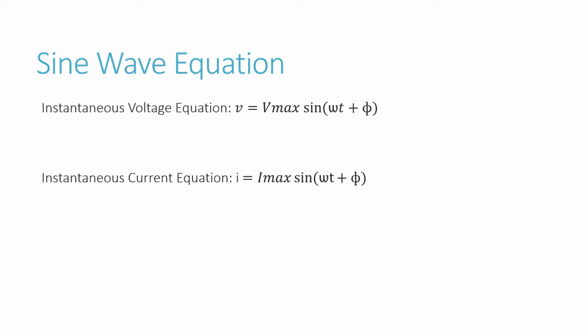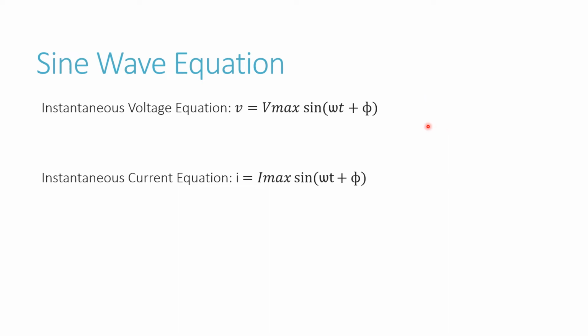So the instantaneous voltage equation, v, that's a lowercase v, is equal to the maximum voltage multiplied by the sine of omega t, and we'll explain that, plus phi.